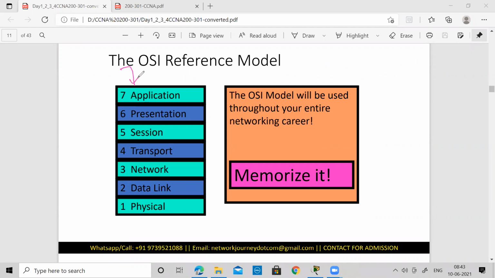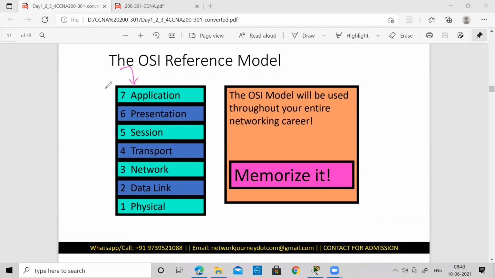The user directly starts with an application. As a user, we may open some website, some email, or anything else, we just start those applications and run them. So the user is connected with the top layer, the 7th layer, the application layer.